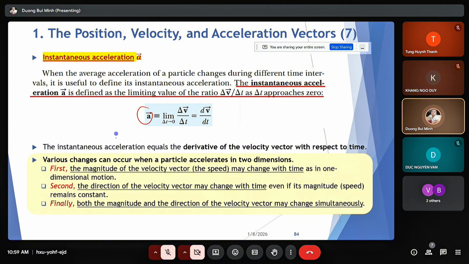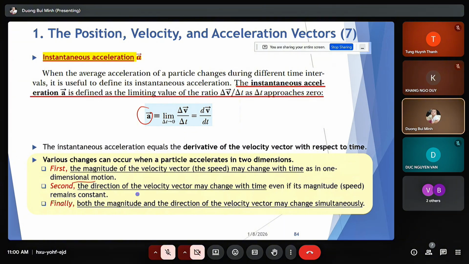Here are some different changes that can occur when particles accelerate in two dimensions. In the first case, the magnitude of the velocity vector may change with time, as in one-dimensional motion.